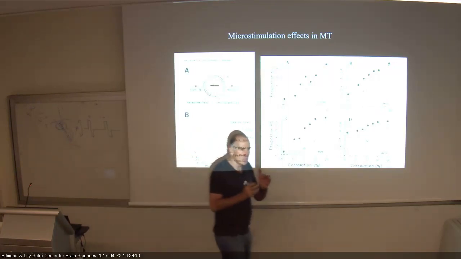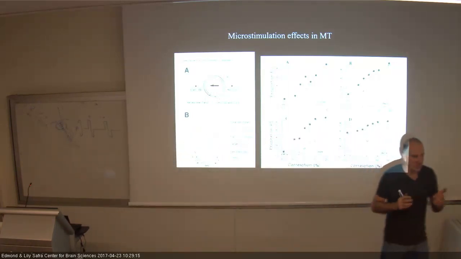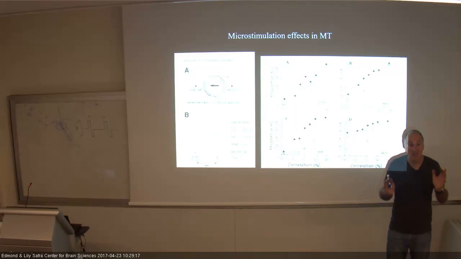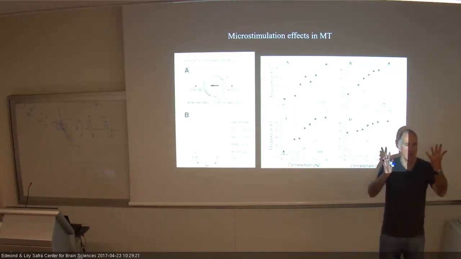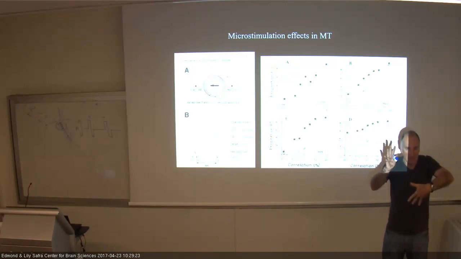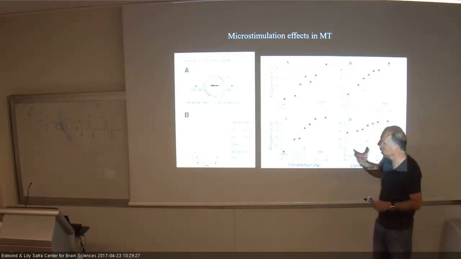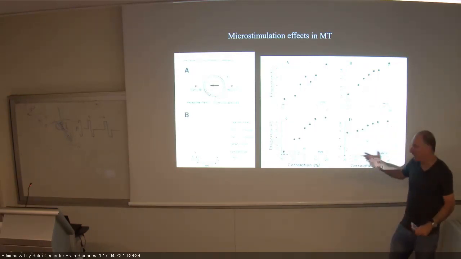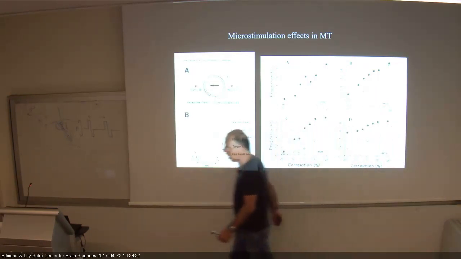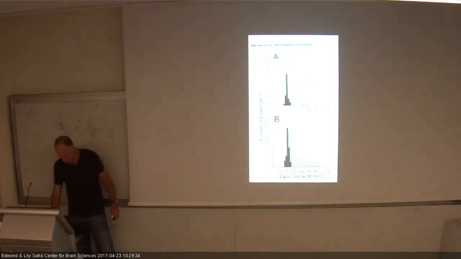What sort of stimulus should you use so that it would look as if there's no net motion to the animal? You should use stimuli in a null direction, and the stronger stimulus you need to use in the null direction, the stronger the effect of the microstimulation. So that's the equivalent visual stimulus that we are talking about here.